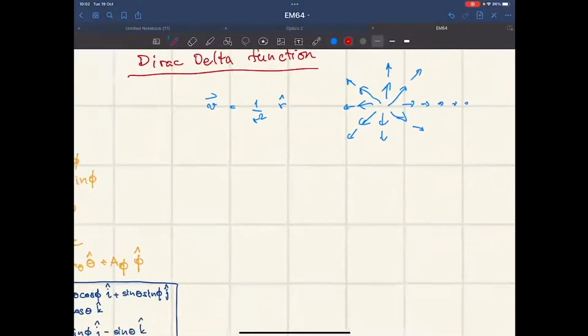So it gets shorter and shorter going further away from the origin, which is here. If you look at the vector field here, you can imagine that its divergence should not be 0, should it? It shouldn't be 0.